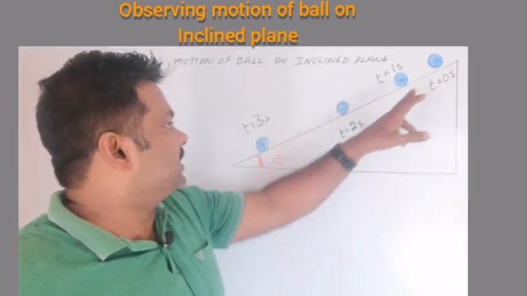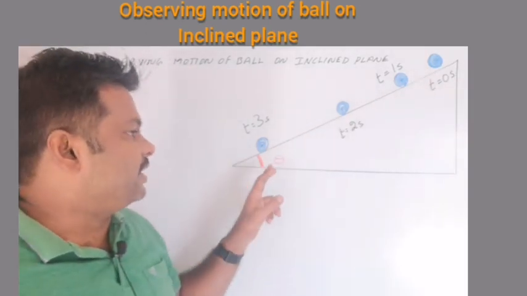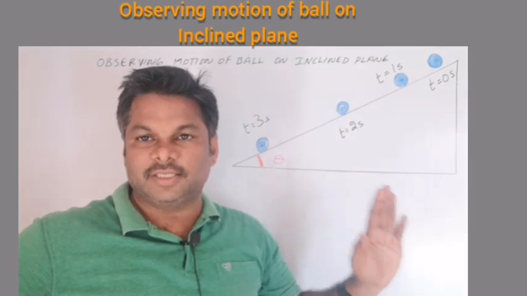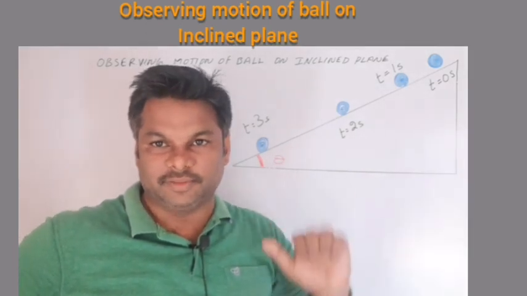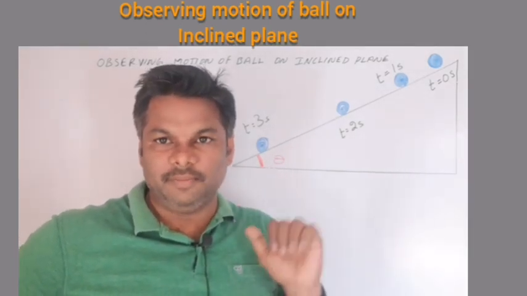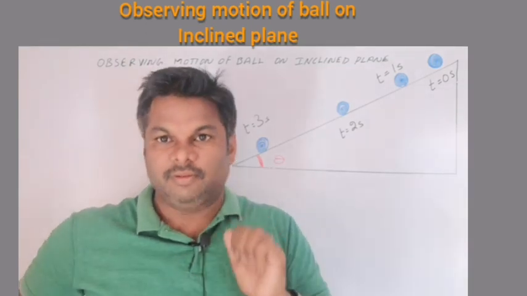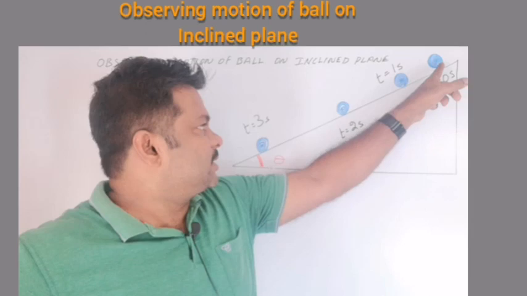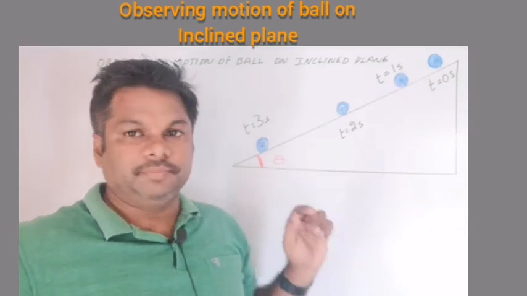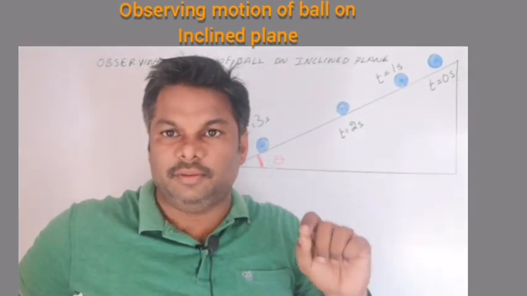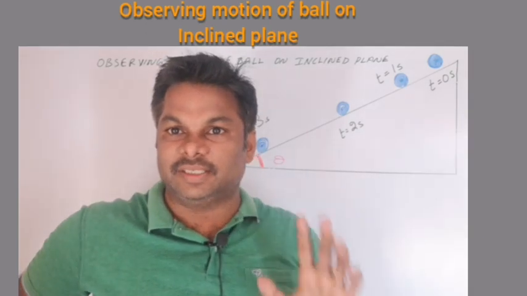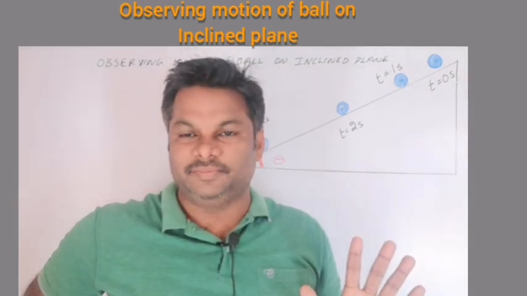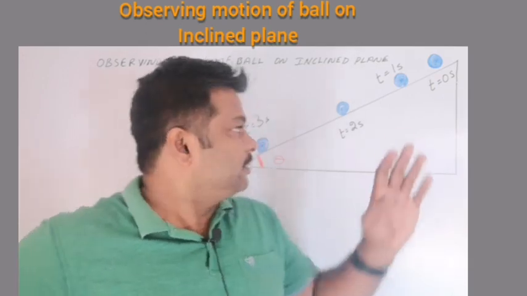So we are observing that on the inclined surface, if any ball rolls down, the motion is non-uniform motion. What is the meaning of this? The meaning is, this body when it is rolling down cannot have constant velocity. What is non-uniform?